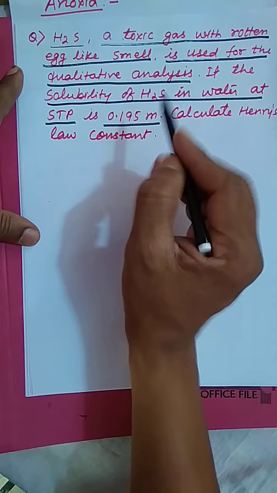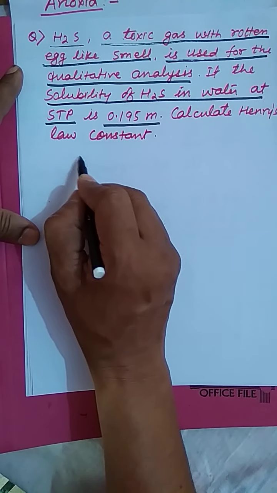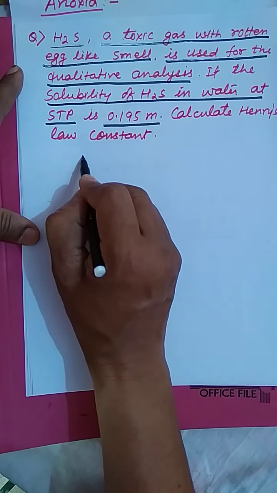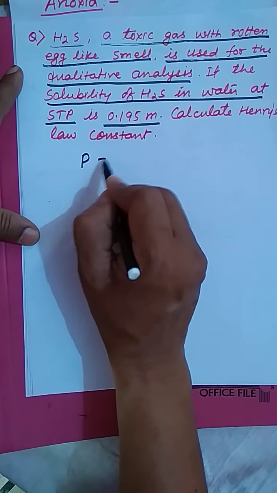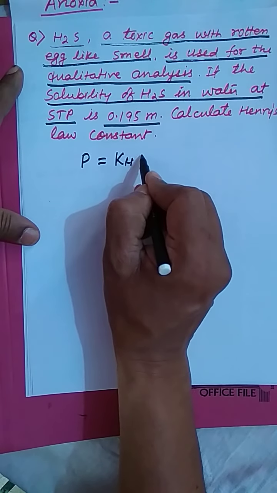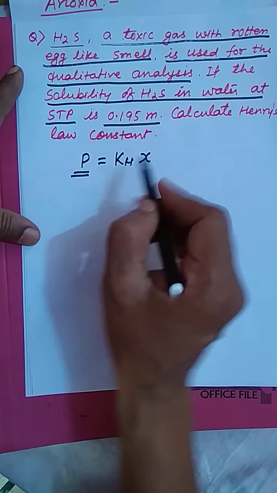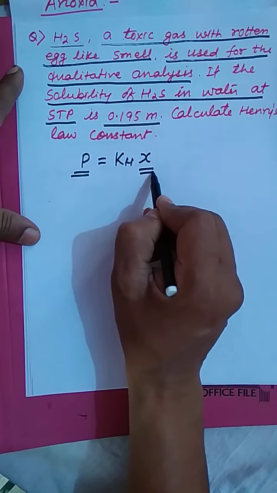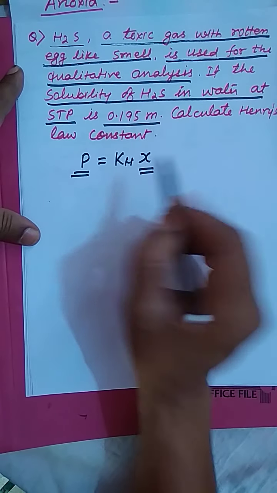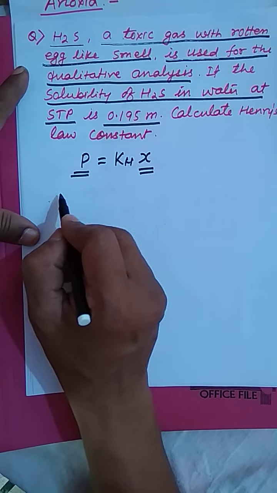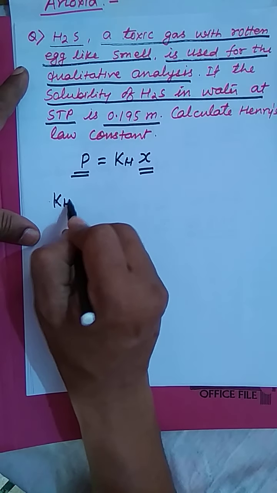Calculate Henry's law constant. So first you remember the formula. P is equal to KH X, where P is the partial pressure of gas, X is the mole fraction of gas and KH is Henry's law constant, and you have to calculate KH.